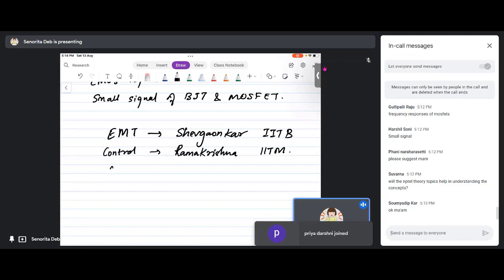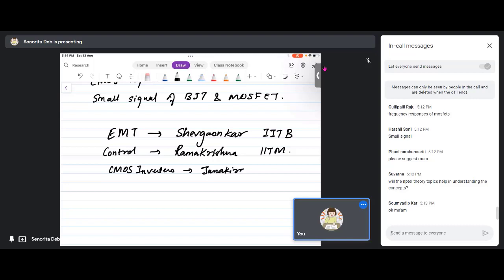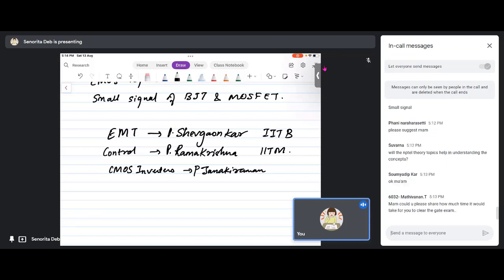For CMOS inverters, you can take Janaki Raman sir's. Professor Shivgaonkar, Professor Ramakrishna, Professor Janaki Raman. This is also from IIT Madras, and others I can share with you later.